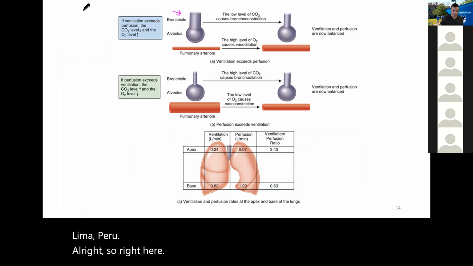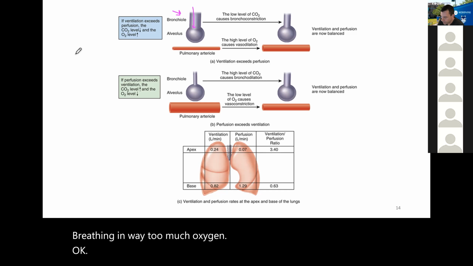in this situation, breathing in way too much oxygen. Okay. I have bronchodilation. So if I have a high amount of bronchodilation, I'm bringing in a hell of a lot more atmosphere.